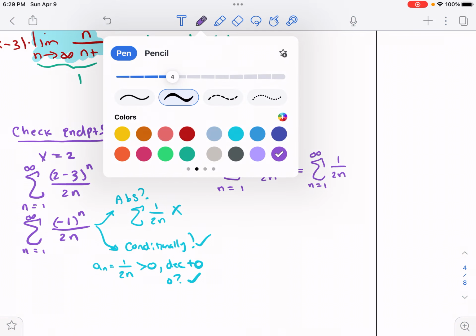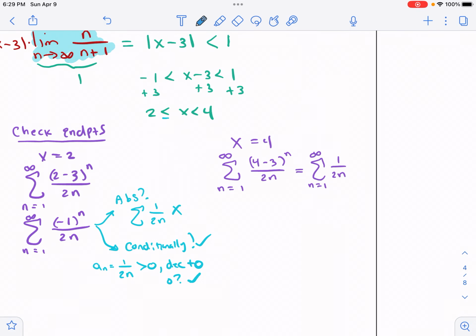Now, does that converge? First of all, it's not an alternating series, so you don't have to ask absolutely or conditionally. It's always positive, it's not oscillating. So, does this converge? Well, no. This is clearly a p-series where p is 1. And if p is less than or equal to 1, that means it diverges. So, 4 didn't work.